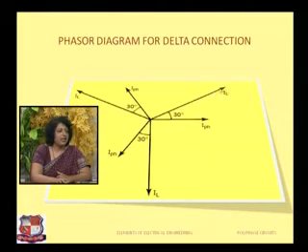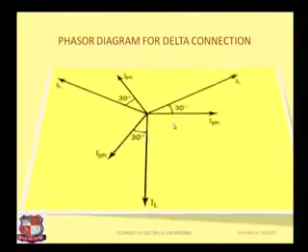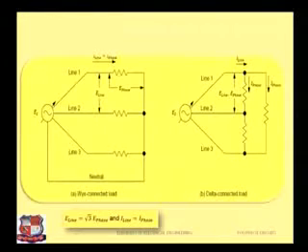So we will get line current, which is again leading the phase current by 30 degrees, or in other language we can say phase current is lagging the line current by 30 degrees in case of delta connection. So this diagram will make it more clear.